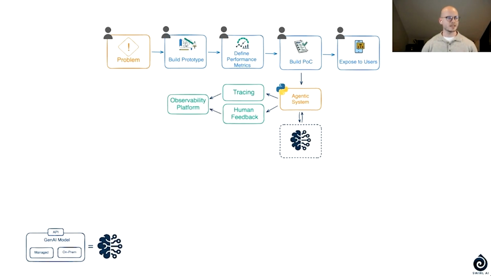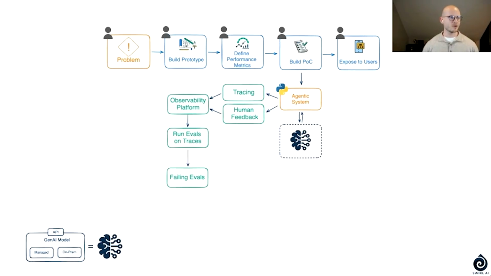Then we store it in some observability platform. And this is, again, where many can start failing, because an observability platform doesn't need to be some fancy tool. It can be just a regular spreadsheet, as long as we can relate the inputs and outputs of a system to the specific human feedback given to us by our users.